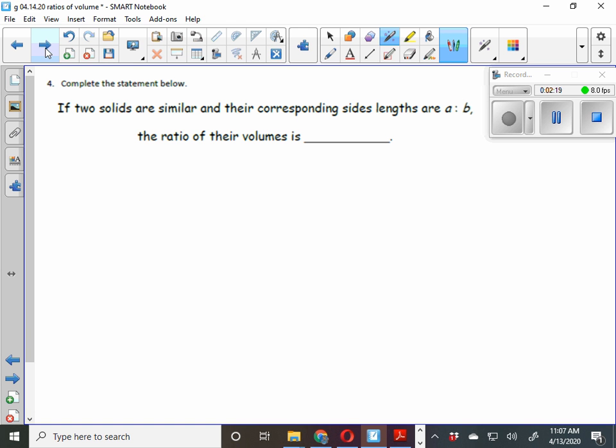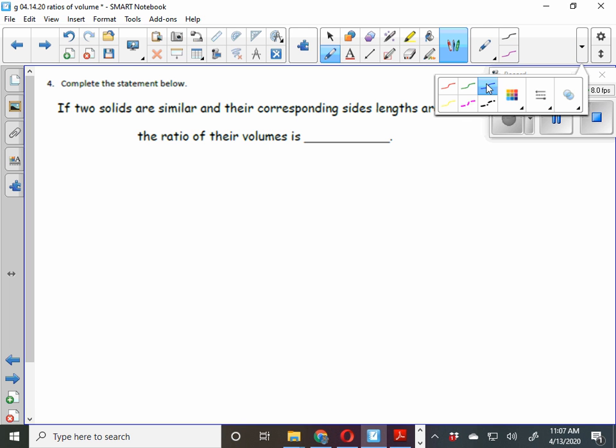All right, so if two solids are similar and their corresponding sides are A to B, the ratio of their volumes is A cubed to B cubed.